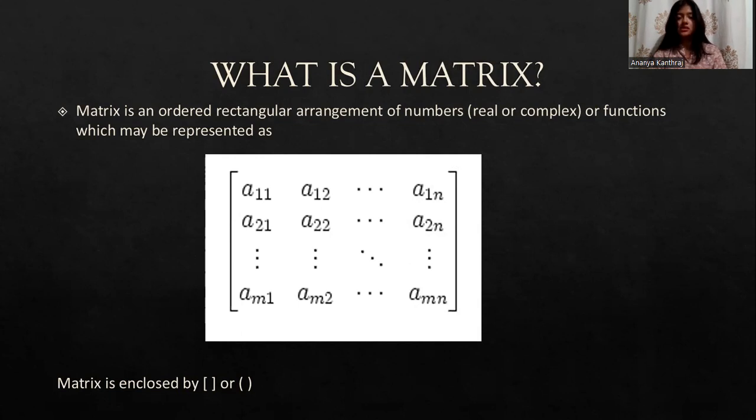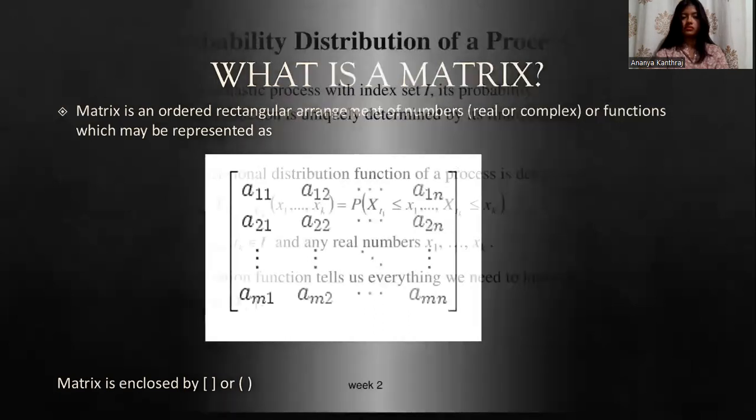It includes the terms A11, A12 up to A1n, followed by the second row A21, A22, and so on up to A2n, followed by as many rows as you want, that is Am1, Am2 to Amn. It can have any number of rows and columns which we wish to represent in a given problem.